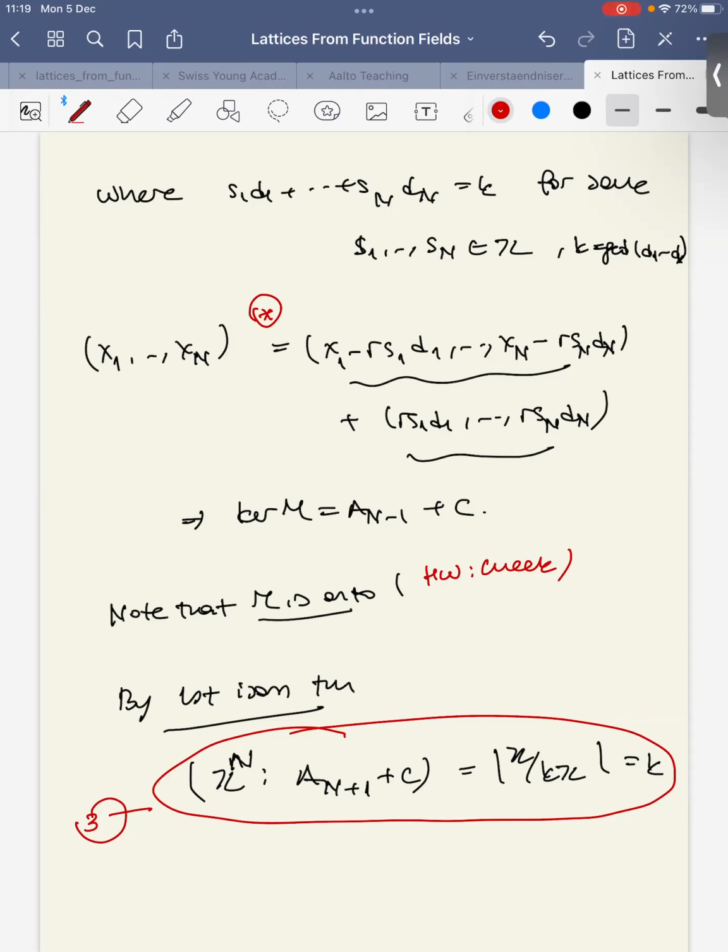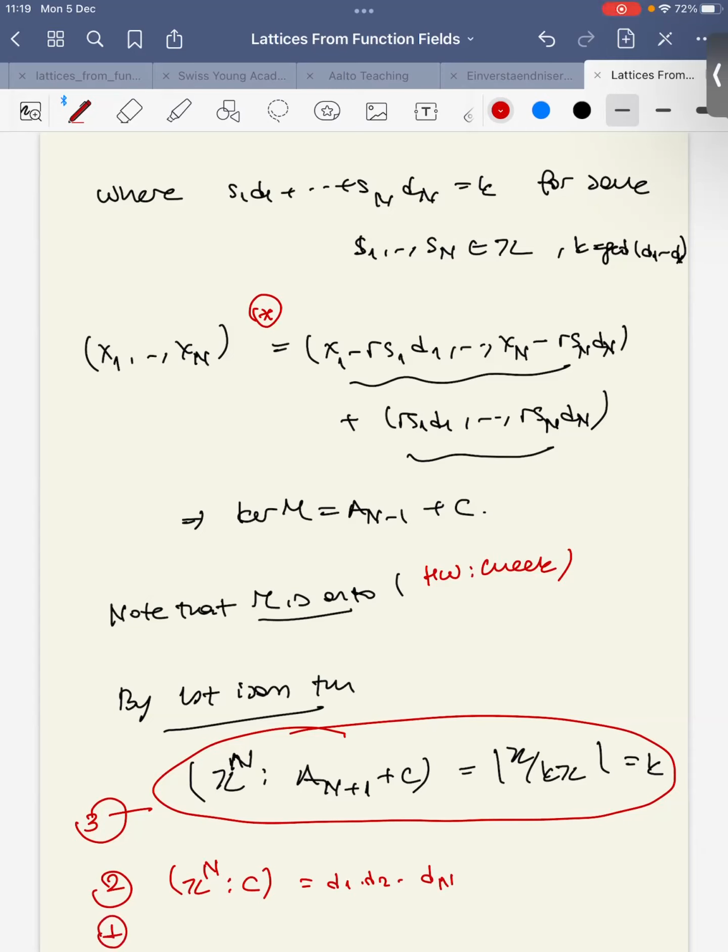And let me denote the quotient Zn modulo the index of C in Zn, which were the product of the degrees of the places.